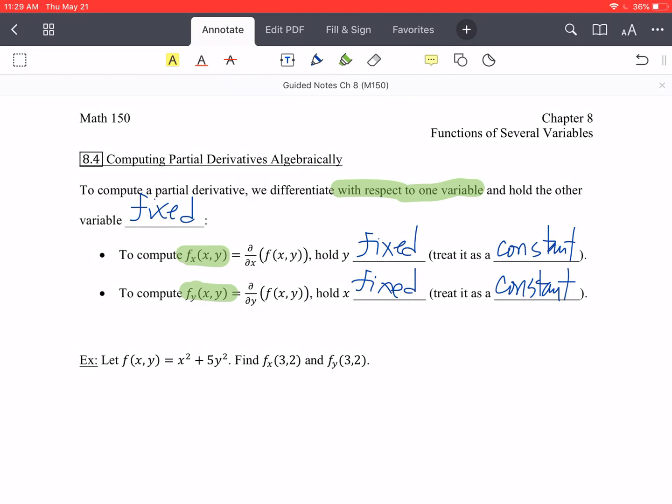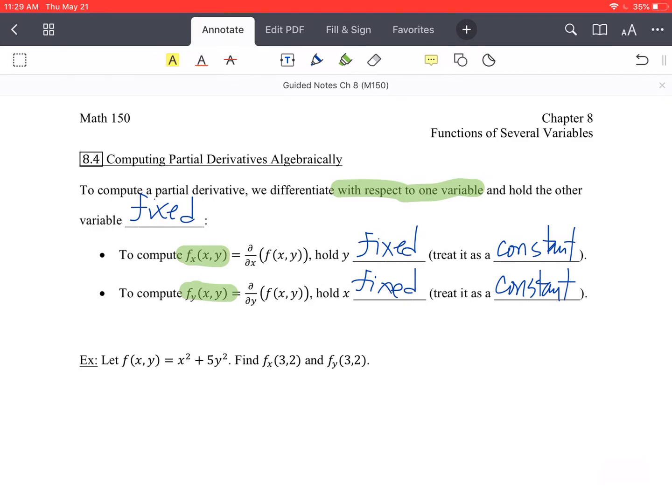So you're going to have to use your imagination a little bit when you're differentiating here. If I want to find the partial derivative with respect to x, I'm going to use x as my variable, and y is going to be treated like it was a number, like it was a constant.